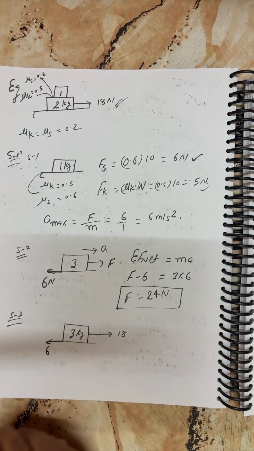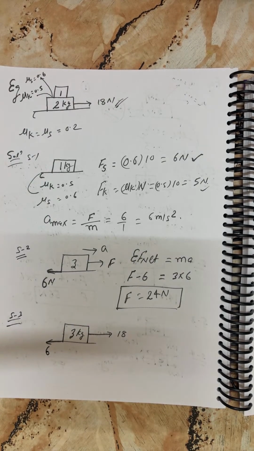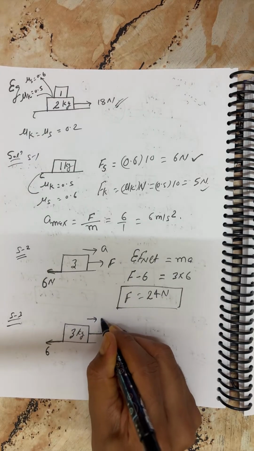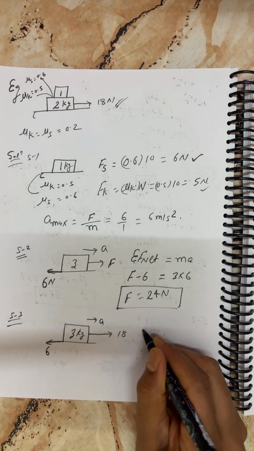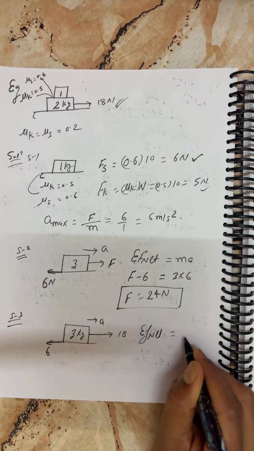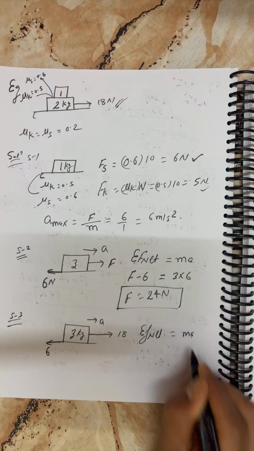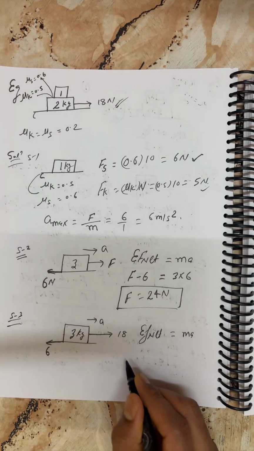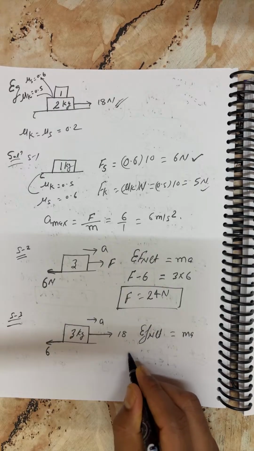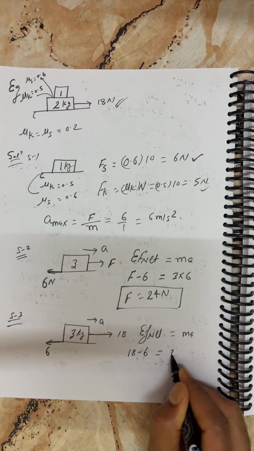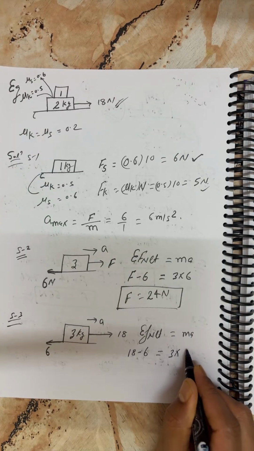It equals 6. The entire system will move in the right direction. So the summation of F net equals ma. Therefore 18 minus 6 equals 3 into a.